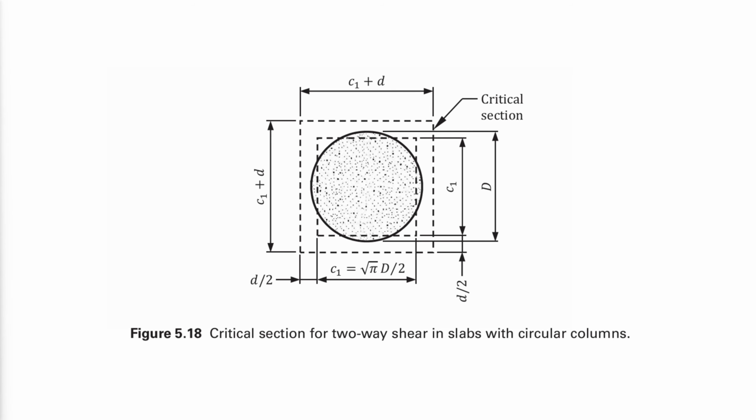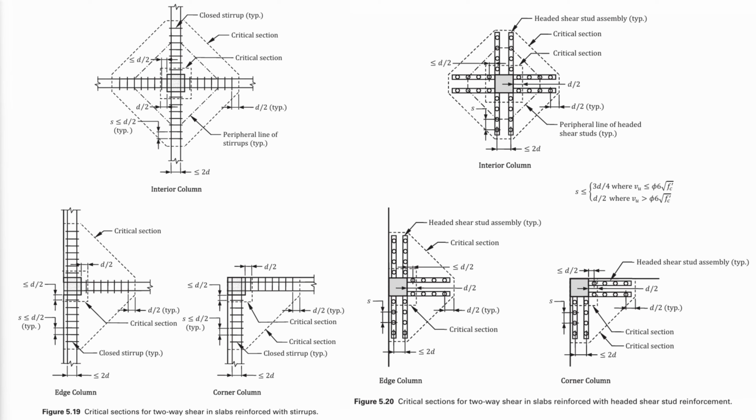The critical section for two-way shear in slabs with circular columns has a square shape with the following dimensions. Critical sections in slabs reinforced with stirrups or shear studs are shown as follows. The sections are polygon-shaped and there are two critical sections per column.